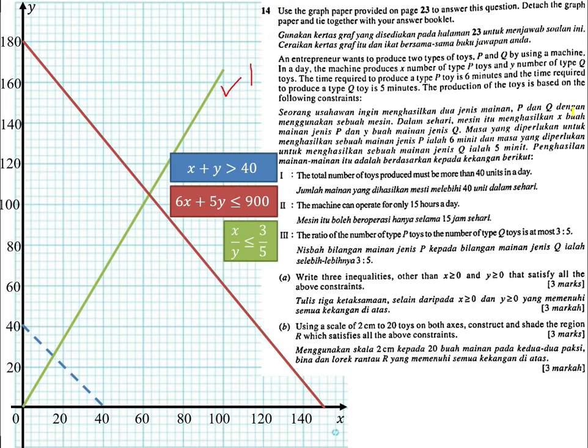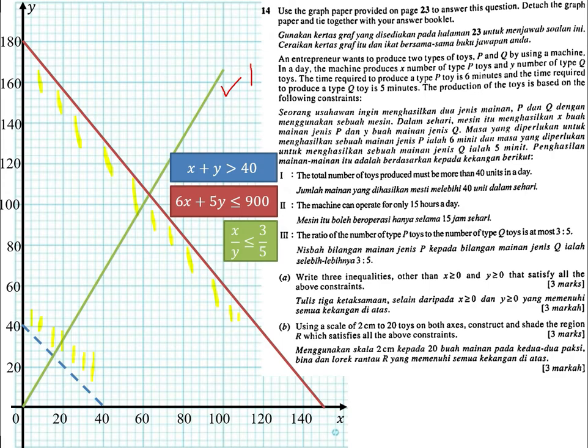Now, we want to do the shading. X plus y more than 40, which is above. 6x plus 5y less than or equal to 900, which is below. The third one we have to be careful a bit, because the subject is x. If it is x, we have to refer to either right or left.